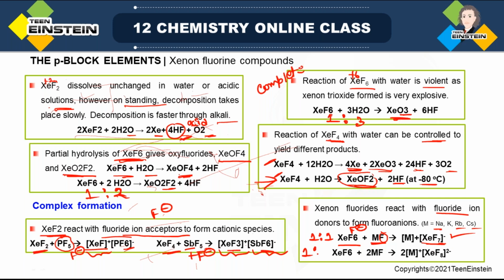If it is 1:2, now XeF6 is accepting 2 F minus, so it is XeF8 2 minus and M plus, and in total 2 moles of this moiety are formed. In this way complex formation for xenon fluoride is possible, both with fluoride ion acceptor molecules as well as fluoride ion donor molecules.